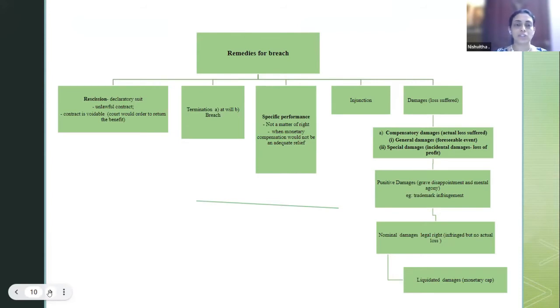Next is termination. Termination is basically saying I'm not interested in continuing with this particular transaction. Termination is of 2 kinds: termination for convenience and termination for breach. Termination for convenience means I need not give any reason to terminate the contract, like your voluntary resignation.